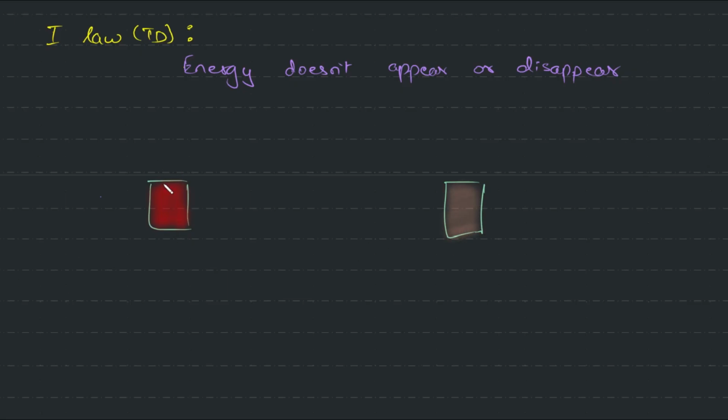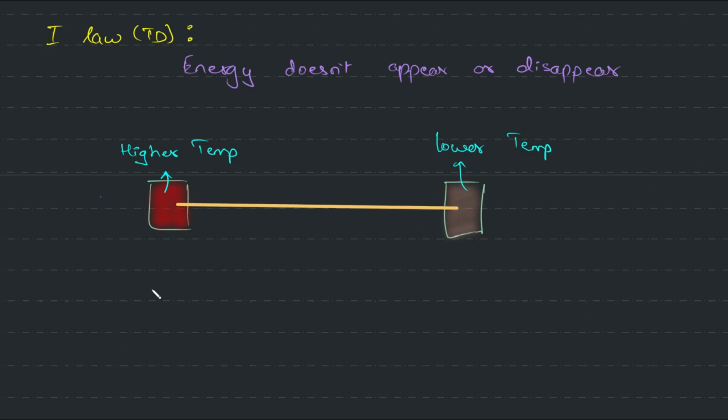So this is at higher temperature, and this is at lower temperature. Now, if I connect them thermally, what happens with time? Here we have more energy and here we have less energy.